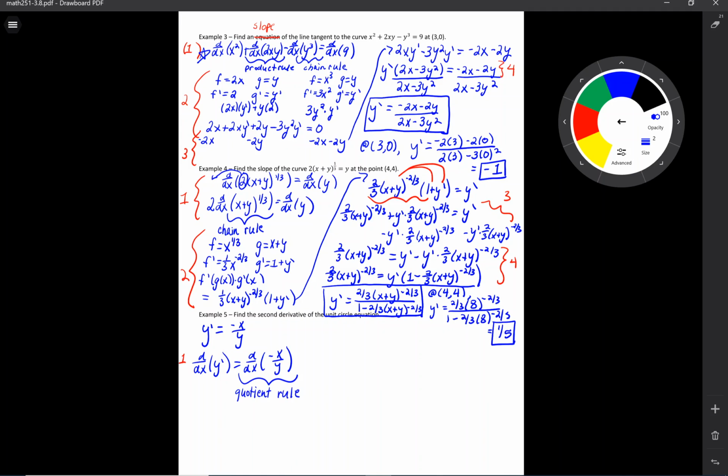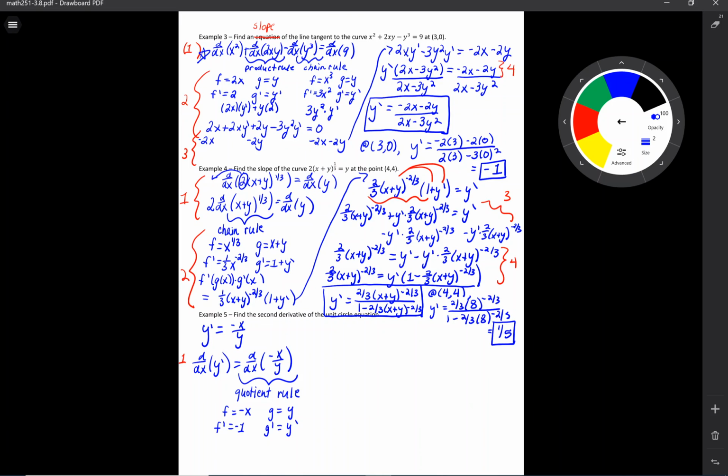So my top is equal to f, or negative x. My g is the bottom, that is y. So I have f prime equals negative 1, and g prime equals, be careful here, y prime.